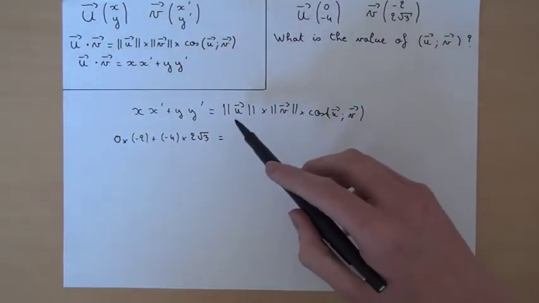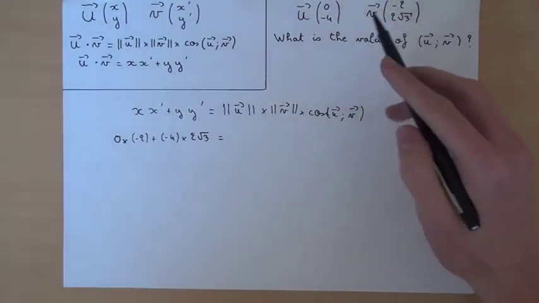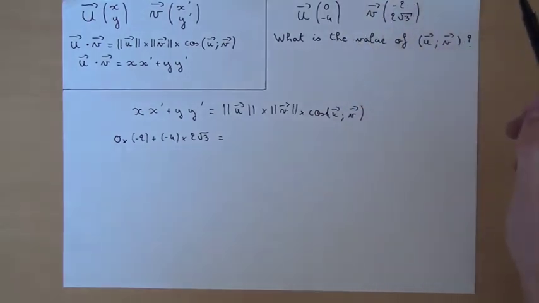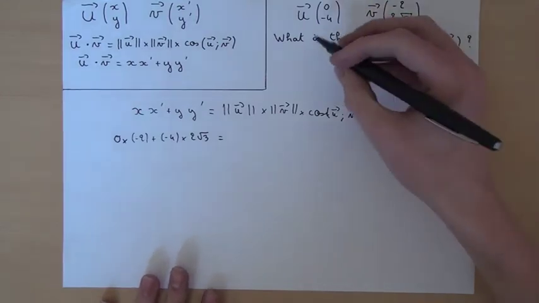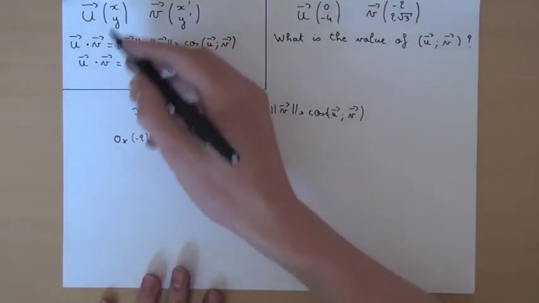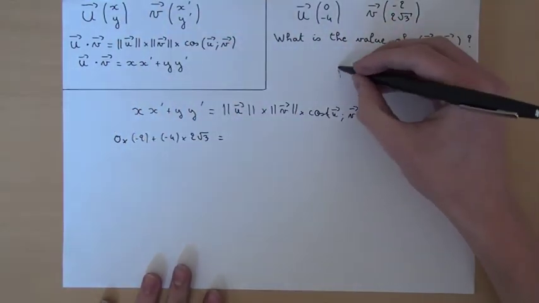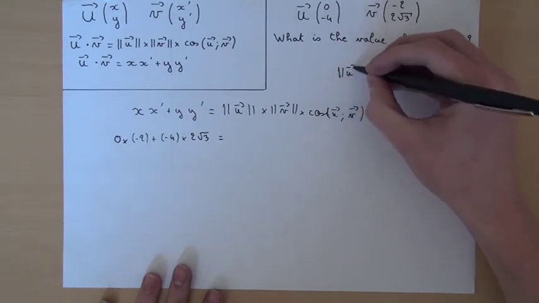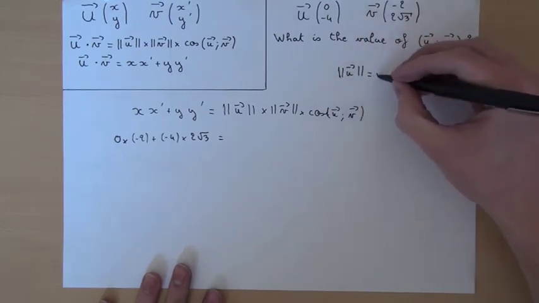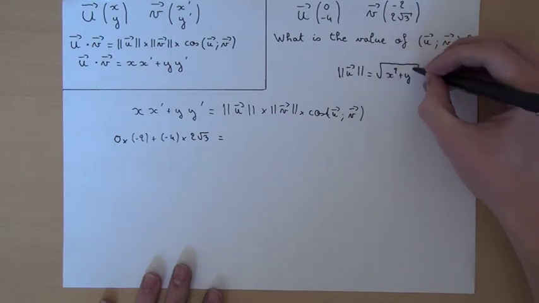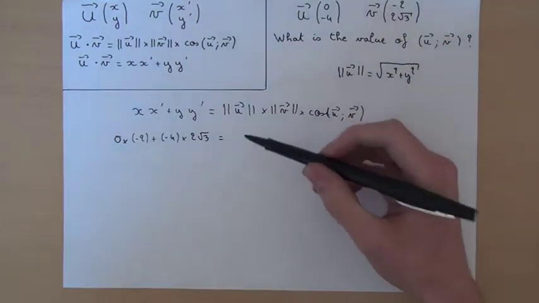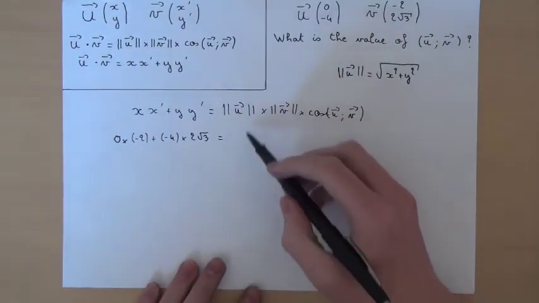You can compute it thanks to the coordinates of the vectors and thanks to the Pythagorean theorem. So if you have u (x, y), the magnitude of u is the square root of x squared plus y squared. So you apply this formula.